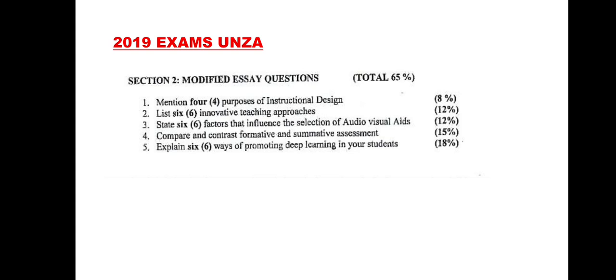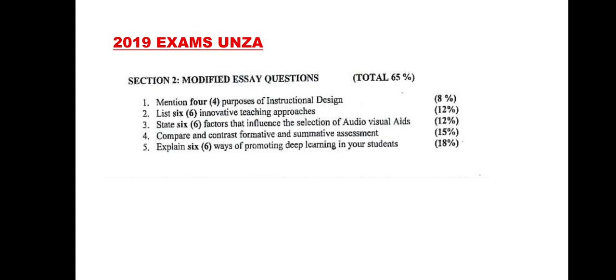So now let's talk about 6 factors that influence the selection of audiovisual aids. What material are we going to use? What is going to influence the teacher's choice about what audiovisual aids to use? So we have 1, which is lesson objectives.